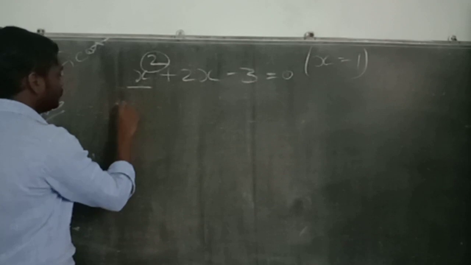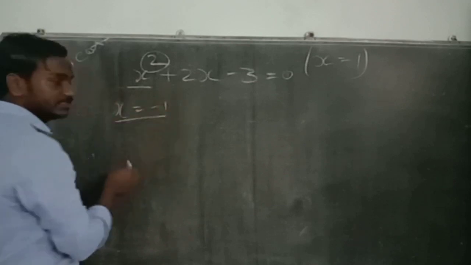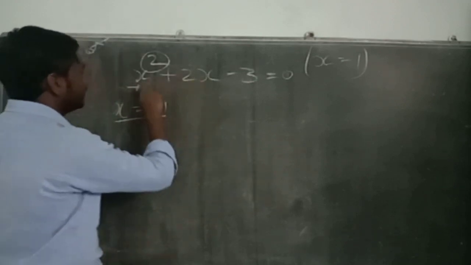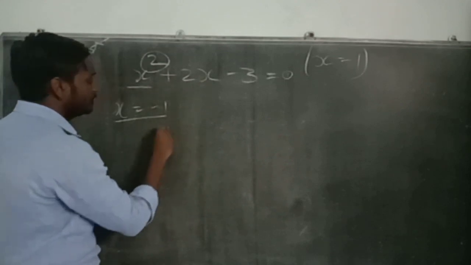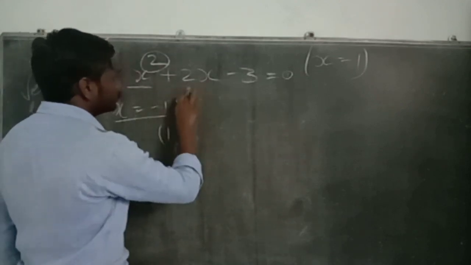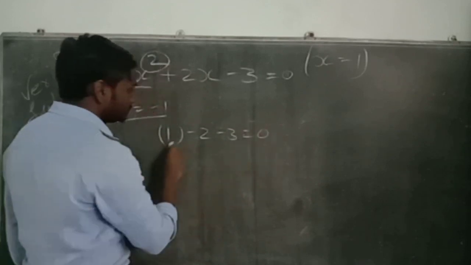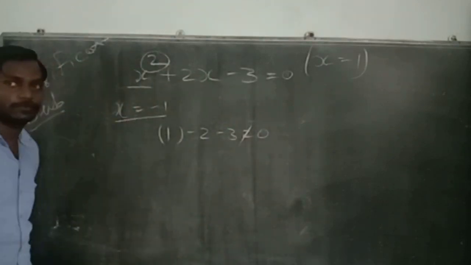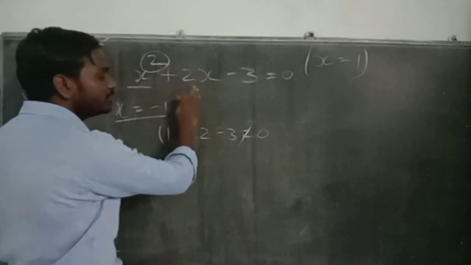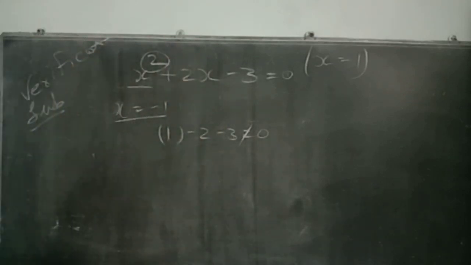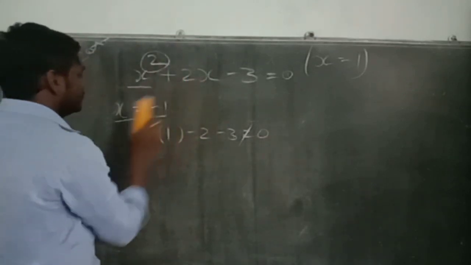Let me assume x is equal to minus 1. Does this satisfy or not? Minus 1 whole square is again 1. So minus 2 into minus 1, that is minus 2, minus 3, that is not equal to 0, so it is not satisfying. So x is equal to minus 1 is not the answer for x square plus 2x minus 3.